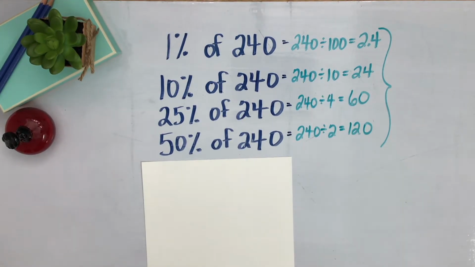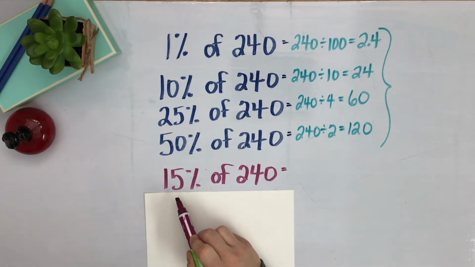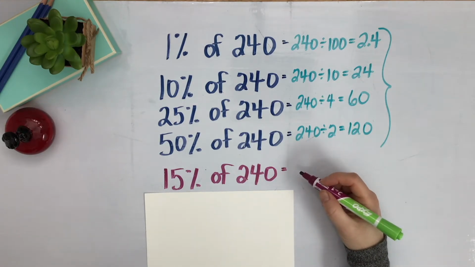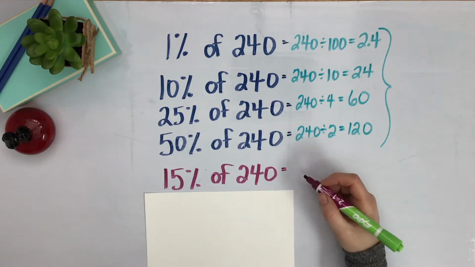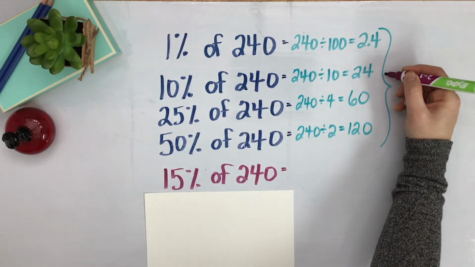Let's use our benchmarks to find some more percents. Let's find 15% of 240. How could I build 15% out of what I already have? Well, I could build it out of 10% and 5%. 10% of 240, I know, is 24.